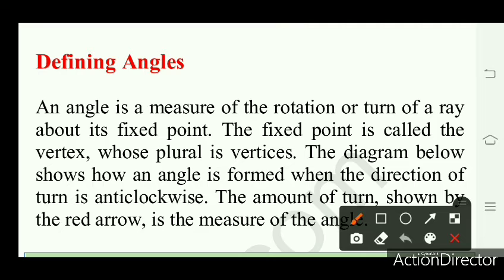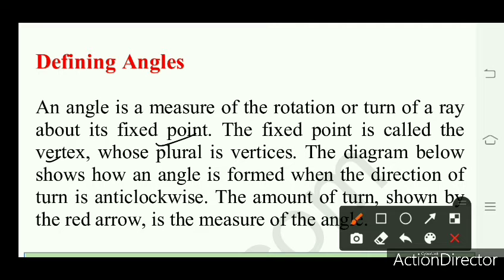Now students, first we'll discuss angles. An angle is a measure of the rotation or turn of a ray about its fixed point. The fixed point is called the vertex, whose plural is vertices.